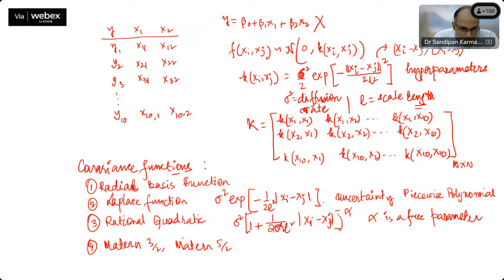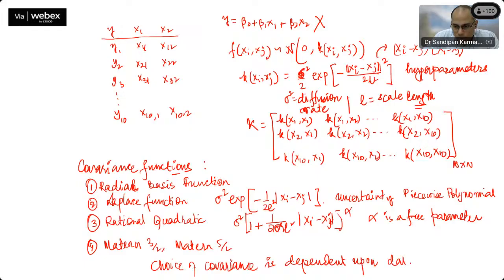Right now, the thing is that the choice of this covariance is dependent upon data. So how does your data behave? The choice of covariance function is dependent on that.